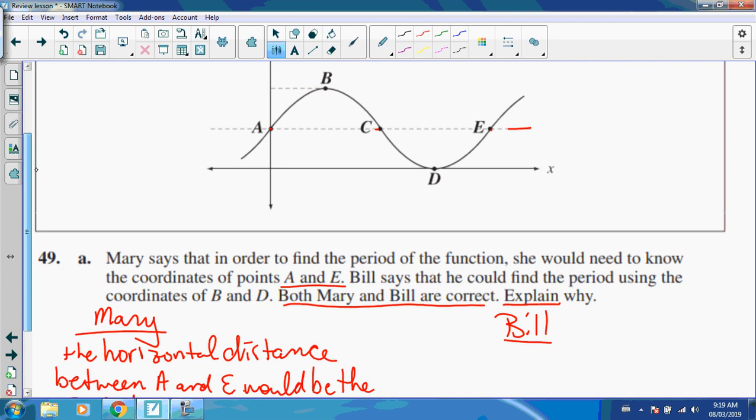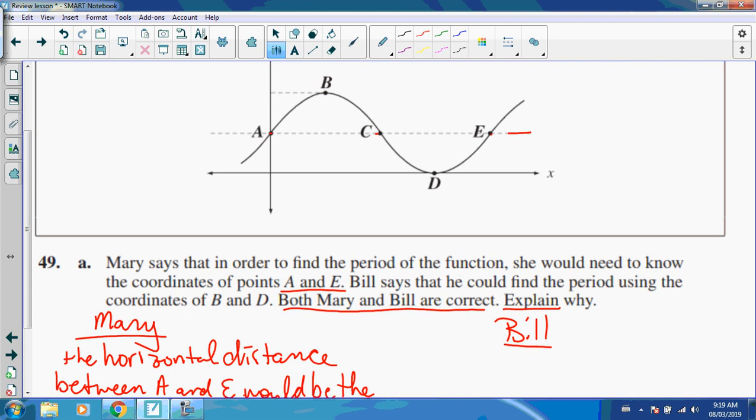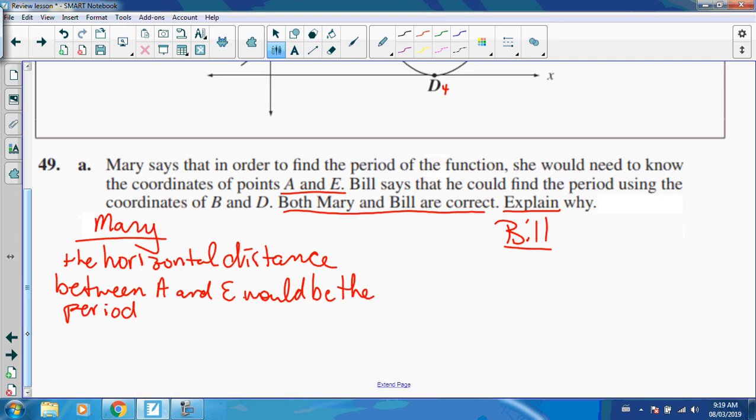So if I look back here, that is from right when we numbered this 1 to 3 back to the midline, 4 to the minimum, and 5 back to the midline. This horizontal distance is the period. So that is the wavelength, the period, the length of time to complete one cycle.